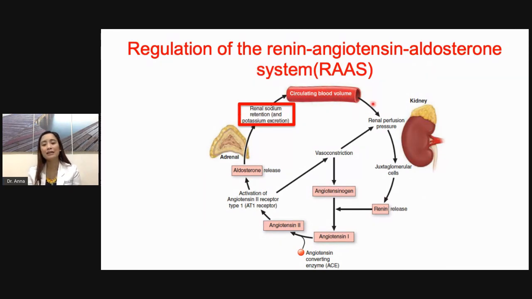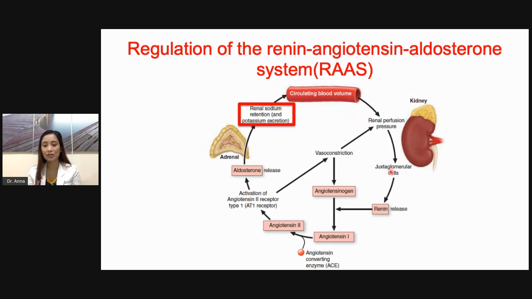If there is any reduction in the circulating blood volume, for example, there's massive blood loss or sudden hypotension, it will result in a reduction in renal perfusion pressure. And this will be sensed by our kidneys, specifically your juxtaglomerular cells.